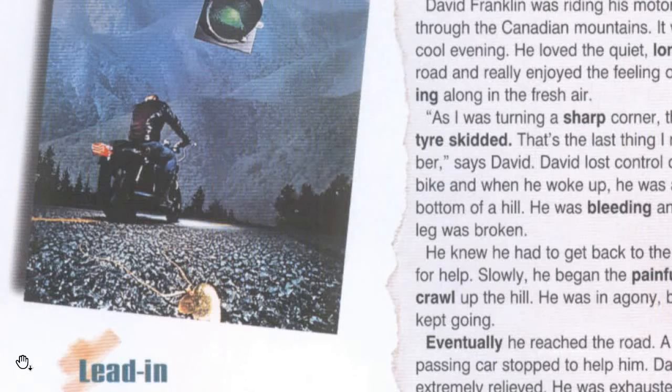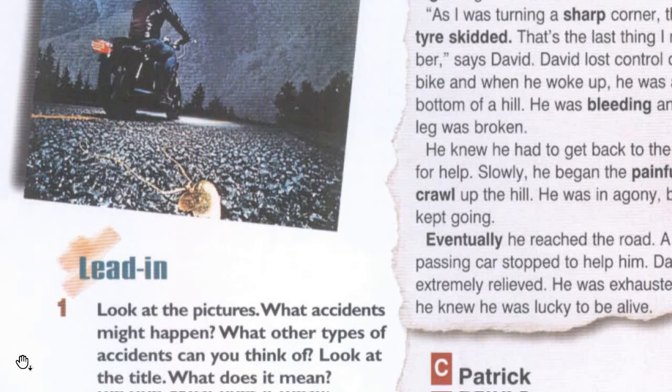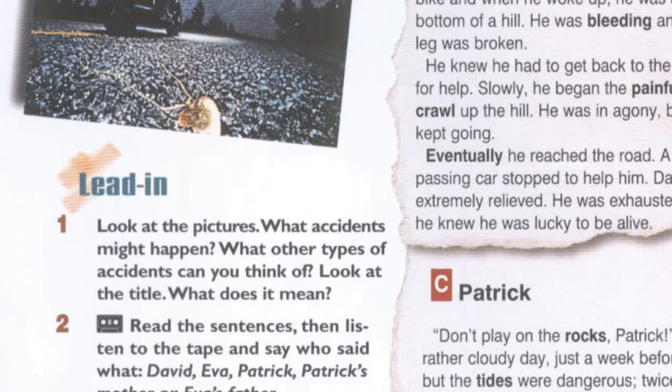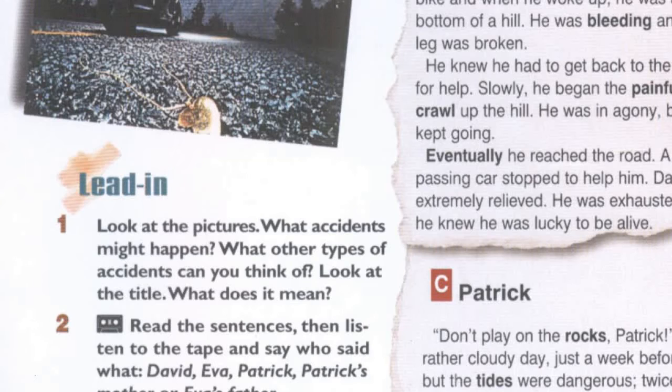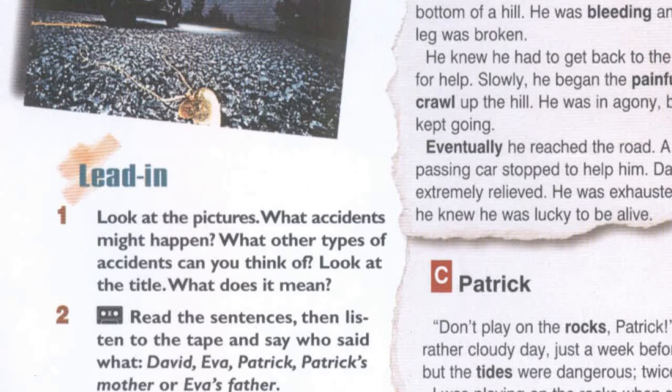Now we're going to look at the first exercise. Lead-in, number 1: look at the pictures and think about what accidents might happen. And another question: what types of accidents can you think of?